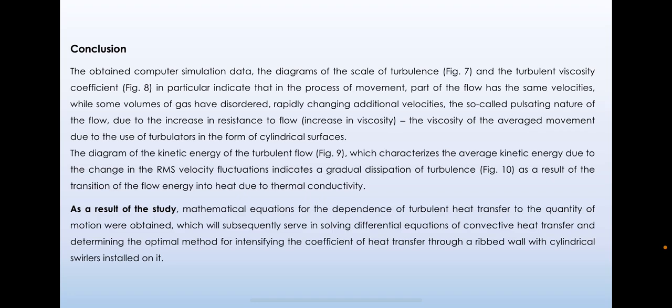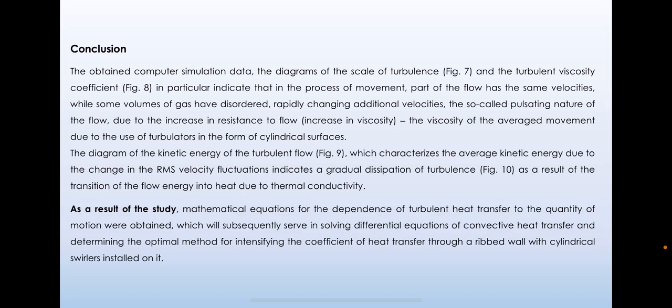Conclusion. The obtained computer simulation data, the diagrams of the scale of turbulence, figure 7, and the turbulence velocity coefficient, in particular, indicate that in the progress of movement, part of the flow has the same velocities, while some volumes of gas have disordered, rapidly changing additional velocities.